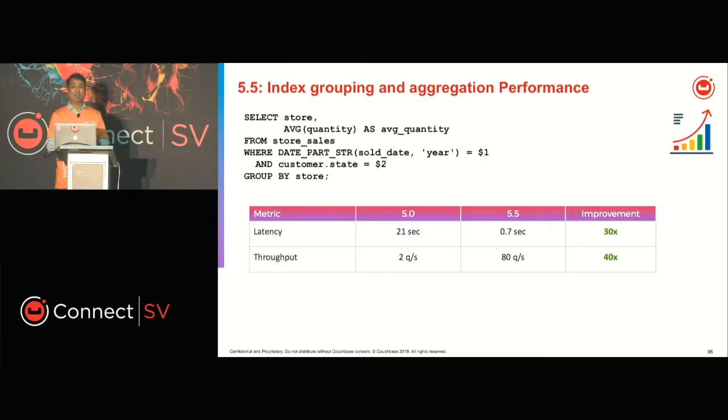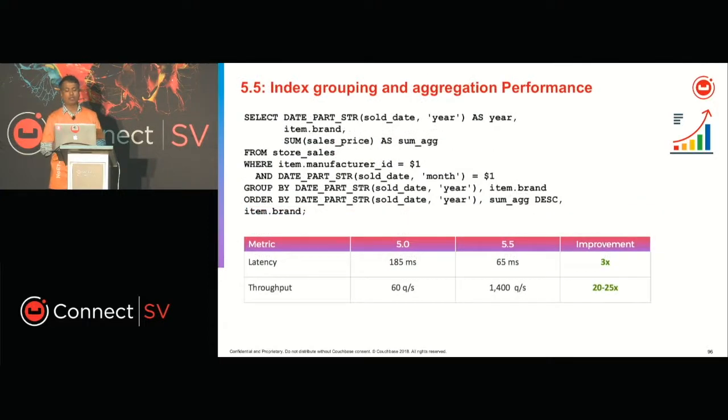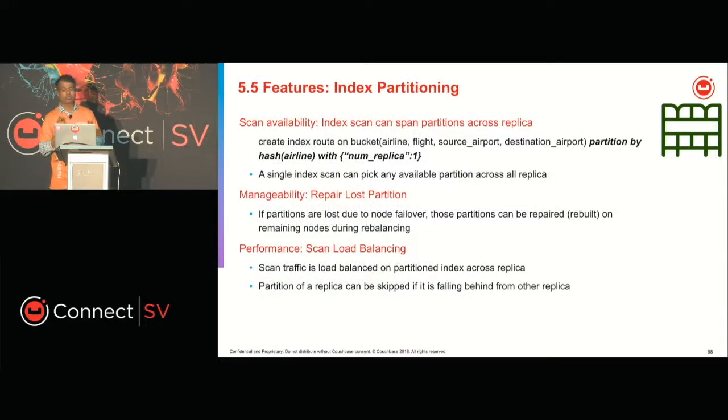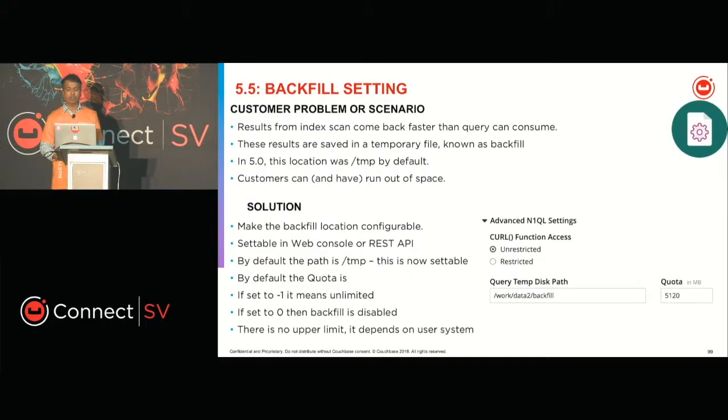The same query in the same setup, in 5.5 with the right index, ran in 0.7 seconds and had 80 queries per second. That means a 30x improvement in latency and a 40x improvement in throughput. So I'll stop there. Again, a ton of improvements in 5.0 and 5.5.